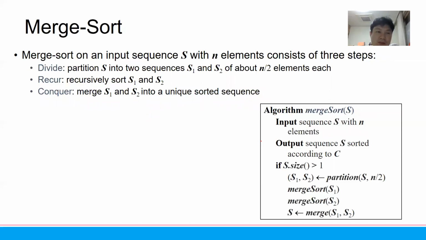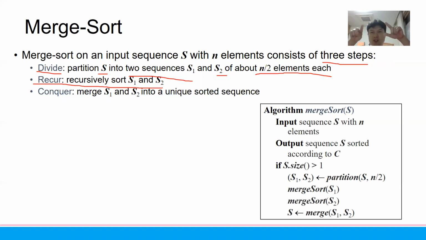Merge sort on an input sequence S with n elements consists of 3 steps. First is divide. As I already explained, we want to partition S into 2 sequences, S1 and S2, of about n/2 elements each. Then recur means we recursively sort S1 and sort S2.